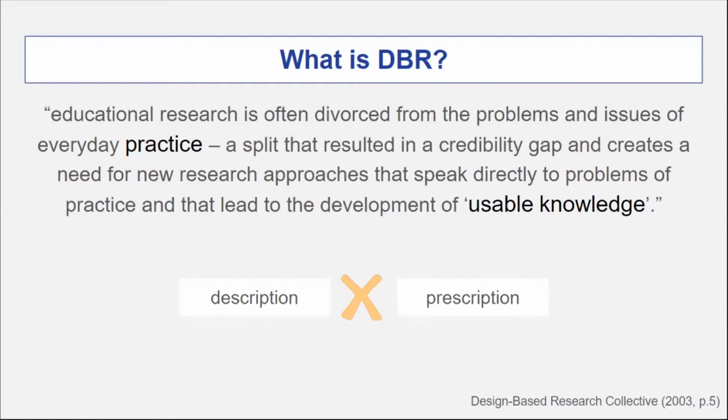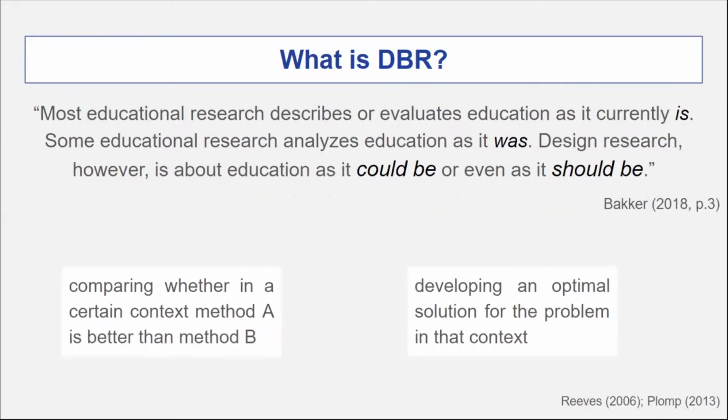Traditional research approaches in education often provide a description of the context and hardly ever emphasize prescriptions that can be useful to tackle real problems in education. Baker says that most educational research describes or evaluates education as it currently is.